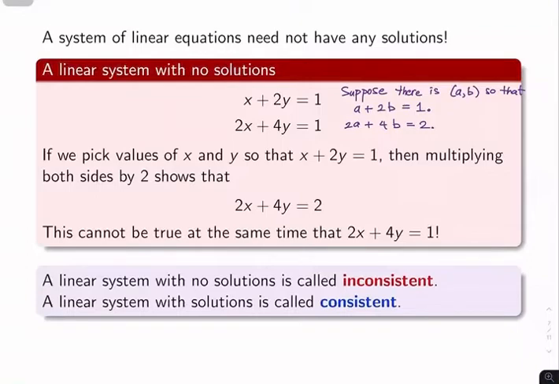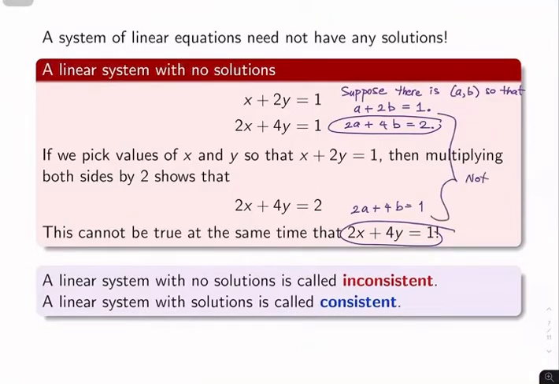Now this shows that 2a plus 4b is equal to 2. And it is not possible for 2a plus 4b to be equal to 2 and also equal to 1. So this is not possible, and this shows that such a pair cannot exist.